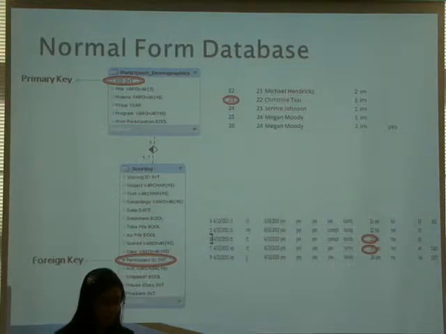All the information of the participant, such as the name, the year, and the program, is stored separately in the demographics table. This allows any entry, update, or modification of a participant to happen only in the demographics table and be independent of the scoring.